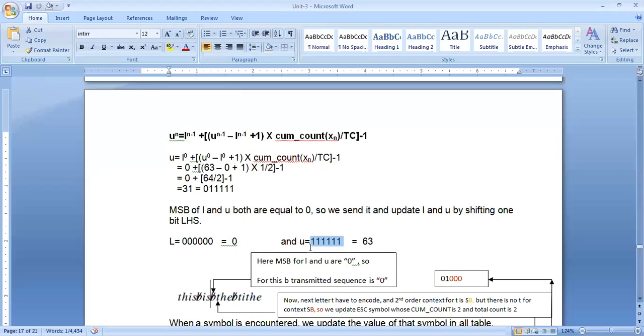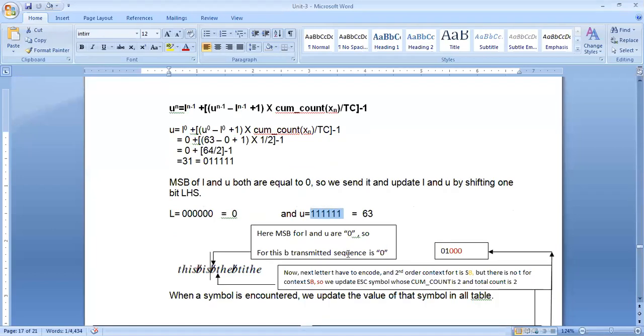Okay, fine. So for B cross, we find the transmitted sequence, which is 0. And after that, we again update the values of L and U by shifting one bit left. Now again see, when a symbol is encountered, we update the value of that symbol in all tables. What does this mean?